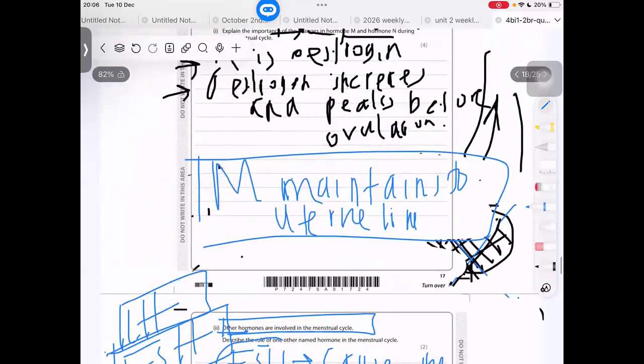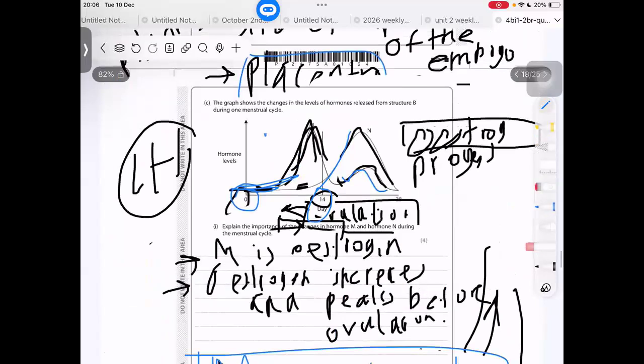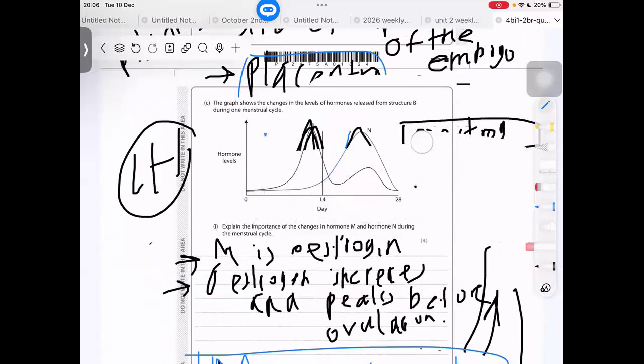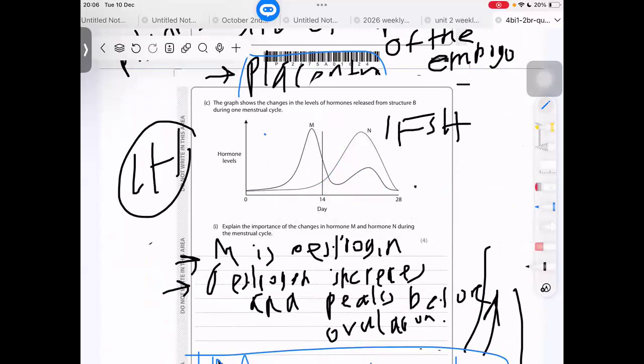That is why this estrogen is maintained at a low level over here at first. FSH stimulates the release of estrogen. At first, it's not there in the diagram, but FSH is secreted in very high amounts.